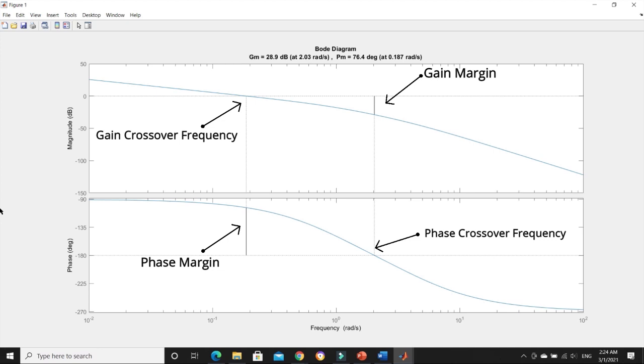Through the Bode plot, we also can see that the gain crossover frequency is lesser than the phase crossover frequency. Apart from that, as the phase margin is above negative 180 degrees, it is a positive value. For the gain margin, it is located below the 0 dB axis, which also shows that it is a positive value. Thus, it is a stable system.